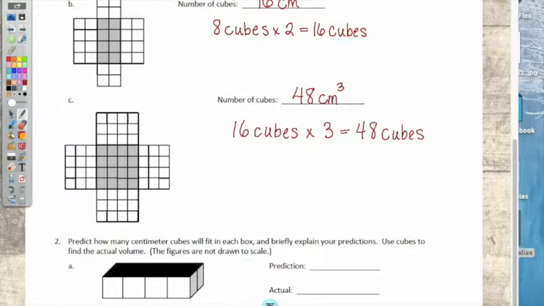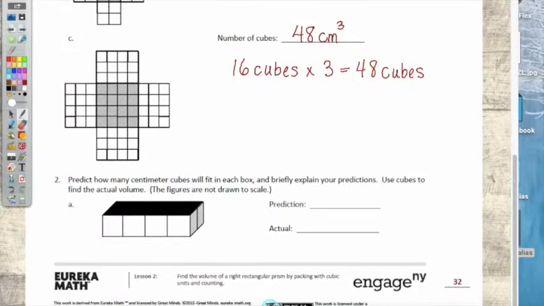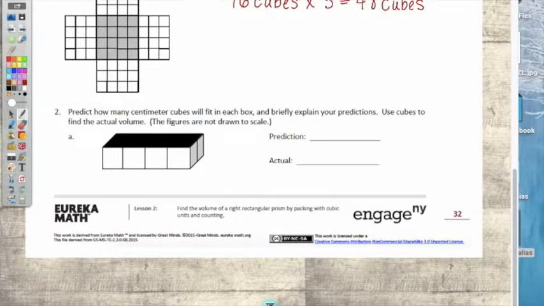Okay, let's take a look at number 2. So this is about where I started messing up on my pausing and recording. Okay. It says, predict how many centimeter cubes will fit in each box and briefly explain your predictions. Use cubes to find the actual volume. Okay. So our prediction, let me pull a stick, is, Samaja, what do you think this is right here? 8.